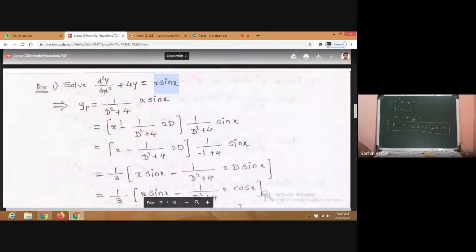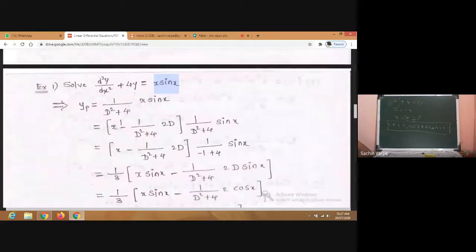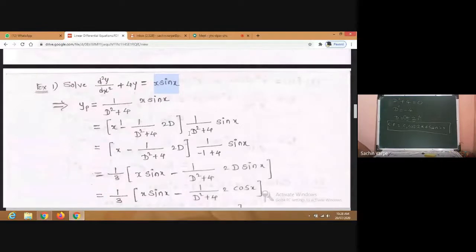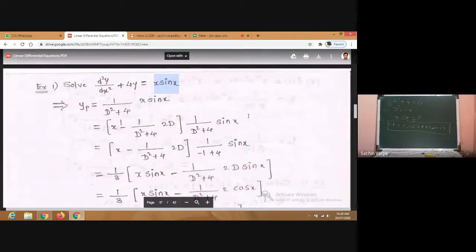What that formula says: particular integral is equal to x minus phi dash. What is phi dash? 2D upon phi of D, that is D square plus 4, into 1 upon phi of D into v, that is sine x. Please ask if any doubt. Then first we will solve this one. Is it the case of failure? Check. What we are doing for sine?